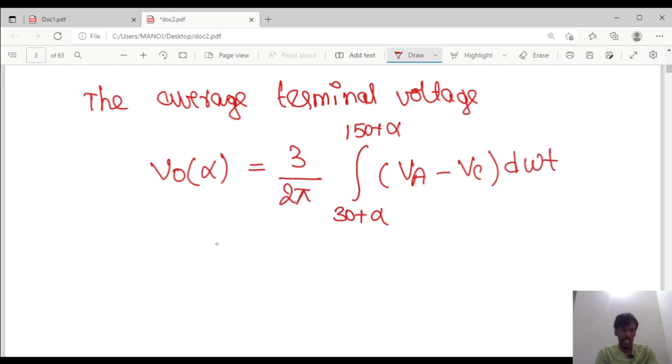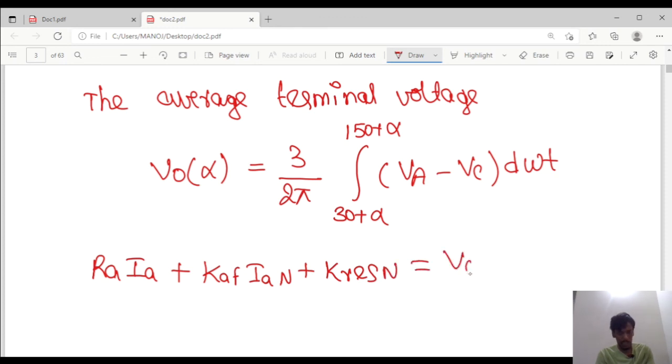So this is the average voltage. For this condition we have to apply KVL. So Ra Ia is the voltage drop across the resistance, plus K phi into Ia, K into Ia into speed, plus K resultant into speed, that is equal to V naught at an angle alpha, which is equal to 3 root 6 Vs by 2 pi into 1 plus cos alpha.